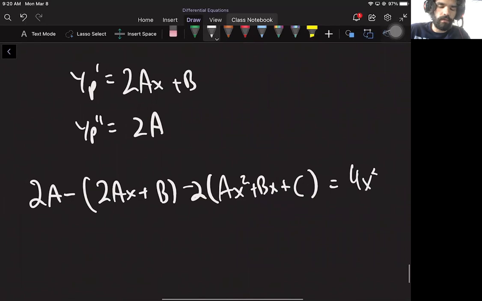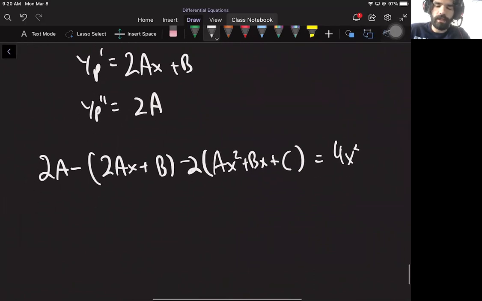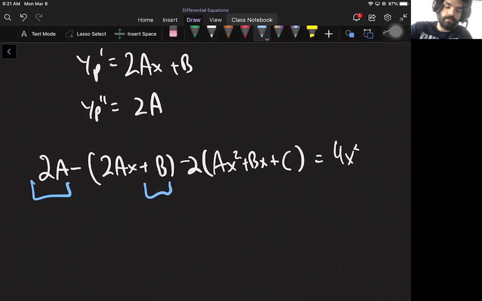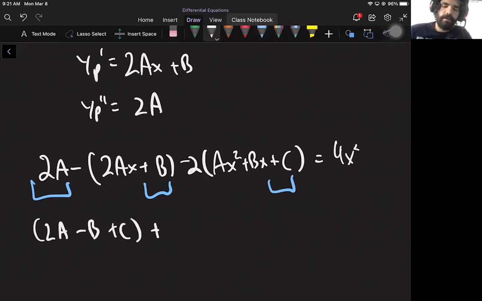So I'm now going to combine like terms and match the coefficients again. So let's see, what are the like terms? The things with no x's, I should put together. So I get 2a minus b plus c. The things with 1 x, just 1 power of x, I should put together.